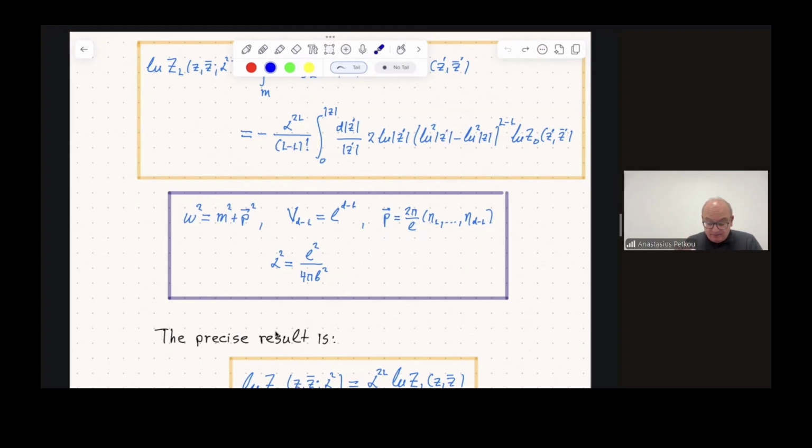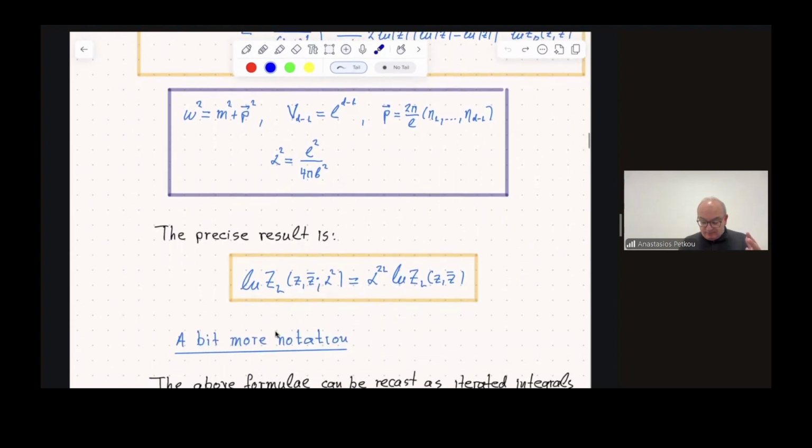And then I have to introduce a parameter like alpha squared, L squared over 4 pi beta squared, which is a dimensionless parameter that is there to some power to tell me in how many dimensions I have done the calculation.